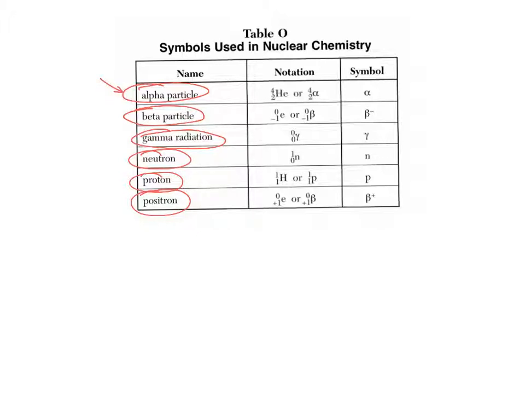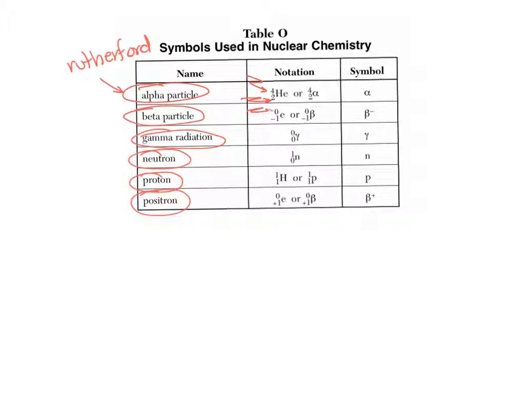An alpha particle we saw when we did Ernest Rutherford's gold foil experiment. And an alpha particle has a mass of 4 and a charge of +2. We're going to use that when we do natural transmutations.